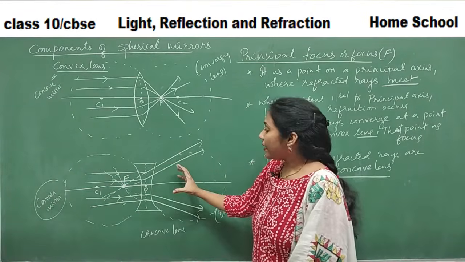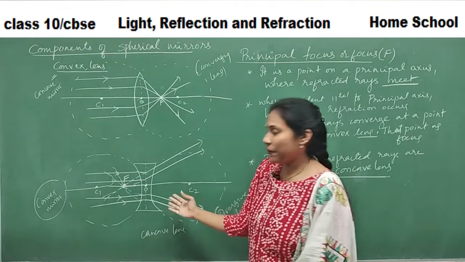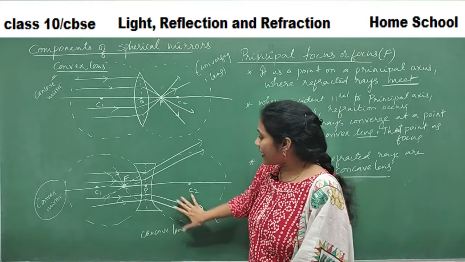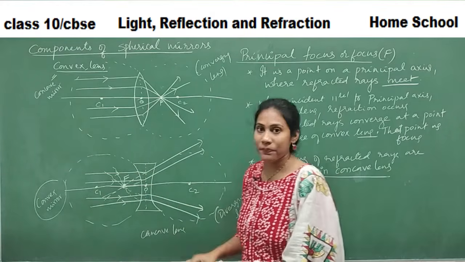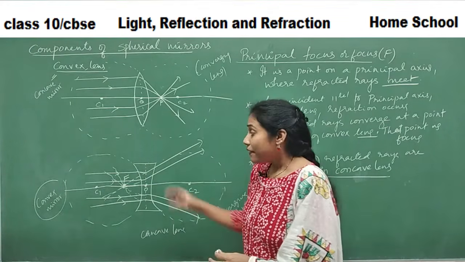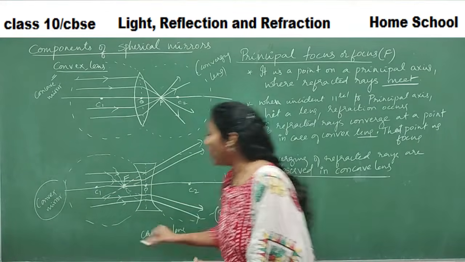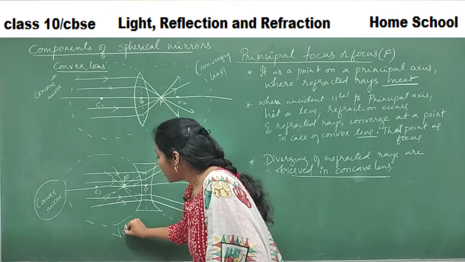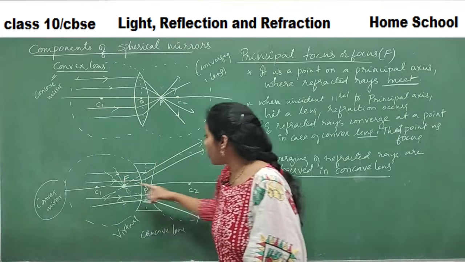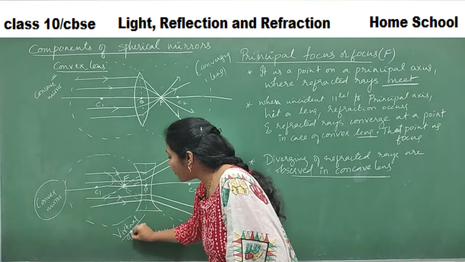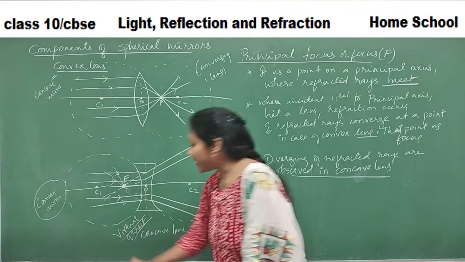What type of image can you expect here? See, refraction is happening on this side, but they are meeting backside, right? So when they meet backside, appearing to meet, it is always virtual. With a convex mirror, you will always get a virtual image, and virtual images are always erect.